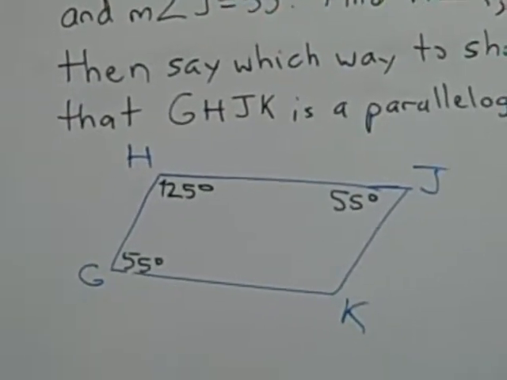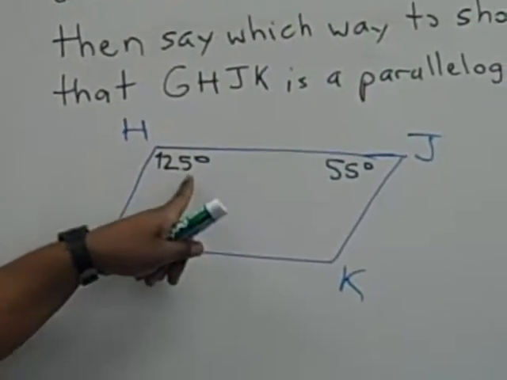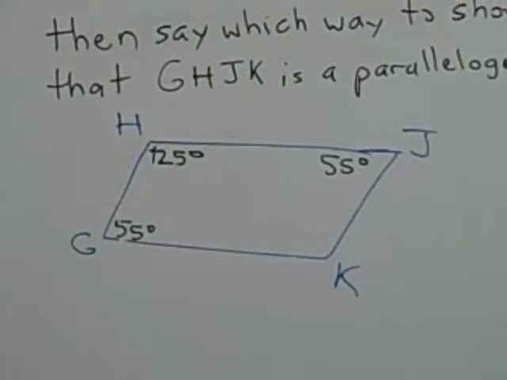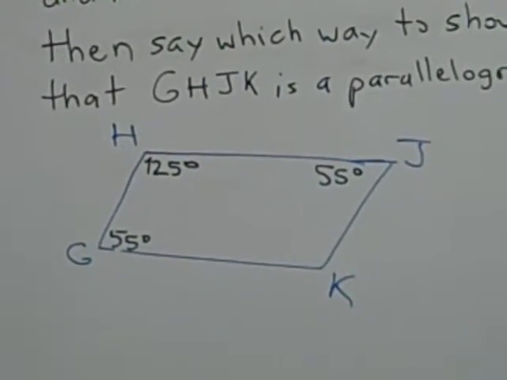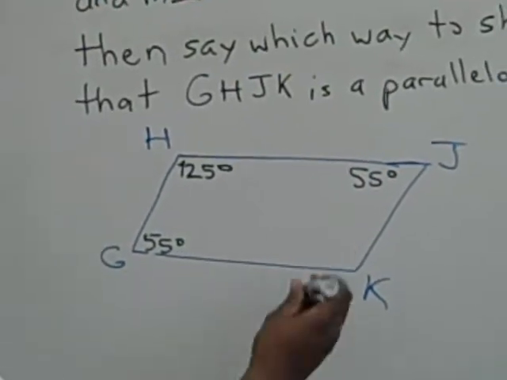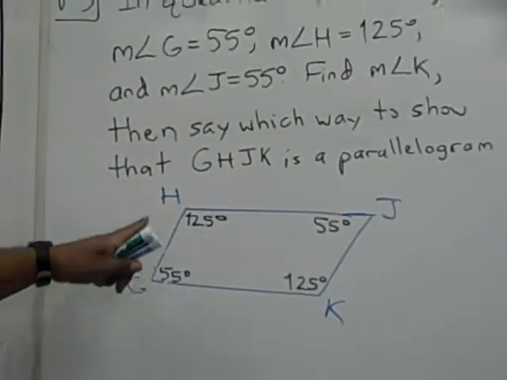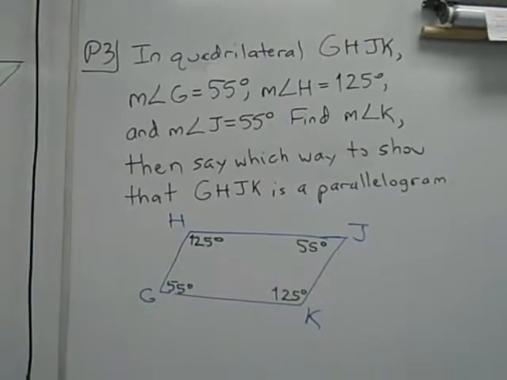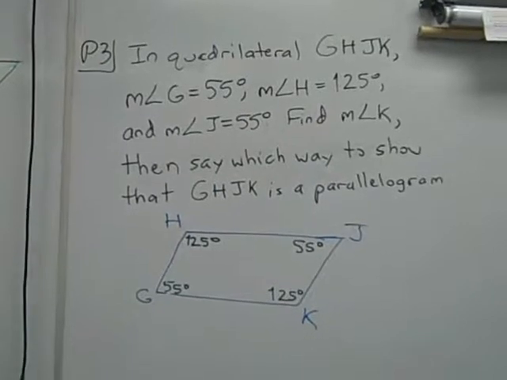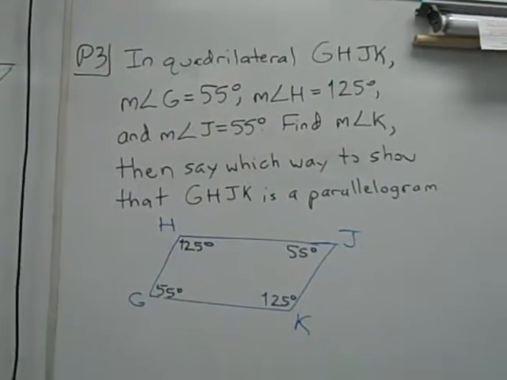So if I have this for angle H, then what should I have there for angle K? You got it. 125 degrees. So angle H and angle K are opposite angles, and they're congruent. So that proves that the shape here is indeed a parallelogram.